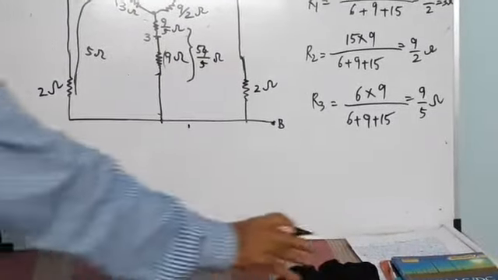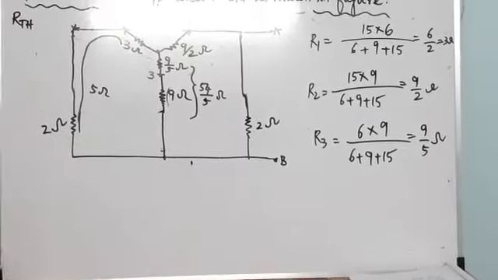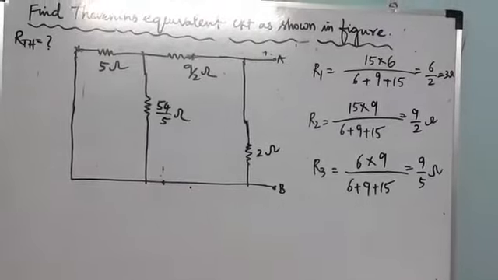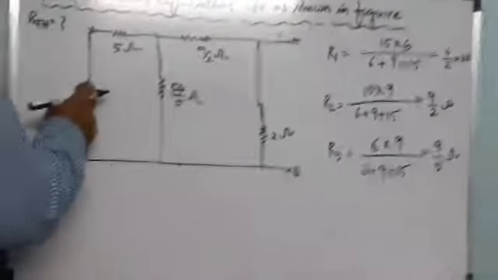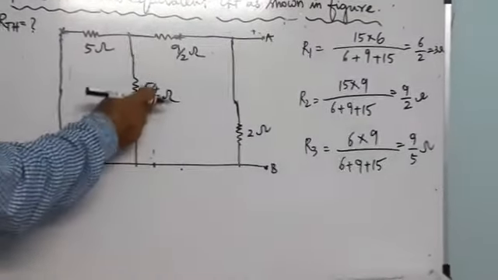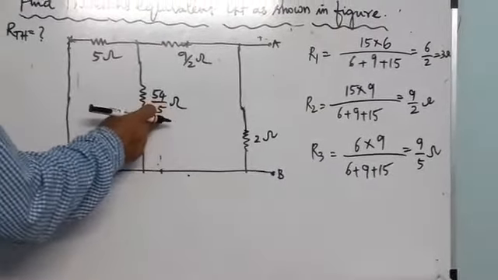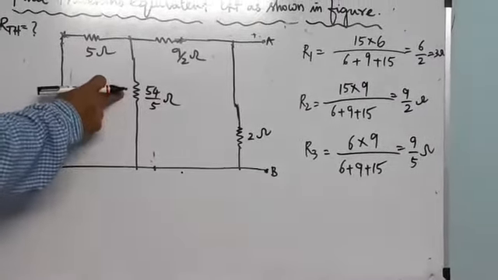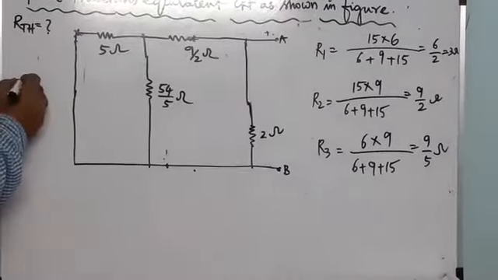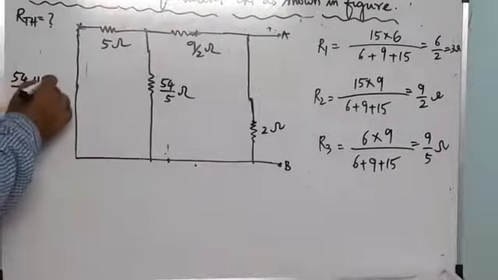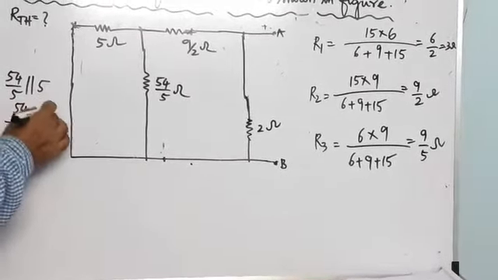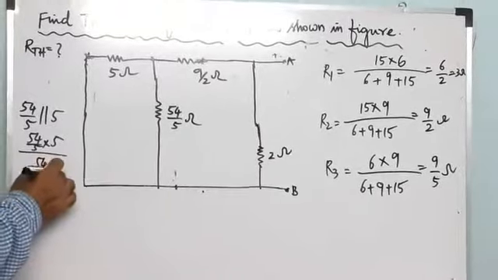Now I will draw another circuit. In the previous step I showed that both are in series: here the series value is 5 ohms, here it is 54 by 5. Now these two become parallel. Parallel means 54 by 5 into 5 over 54 by 5 plus 5.